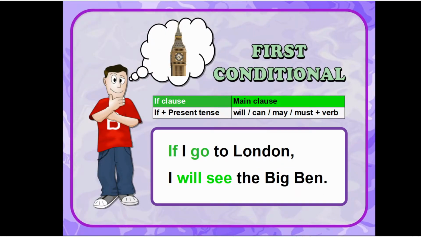First conditional. If plus the present tense for the if clause, and in the main clause we can use will, can, may, must, and a verb.